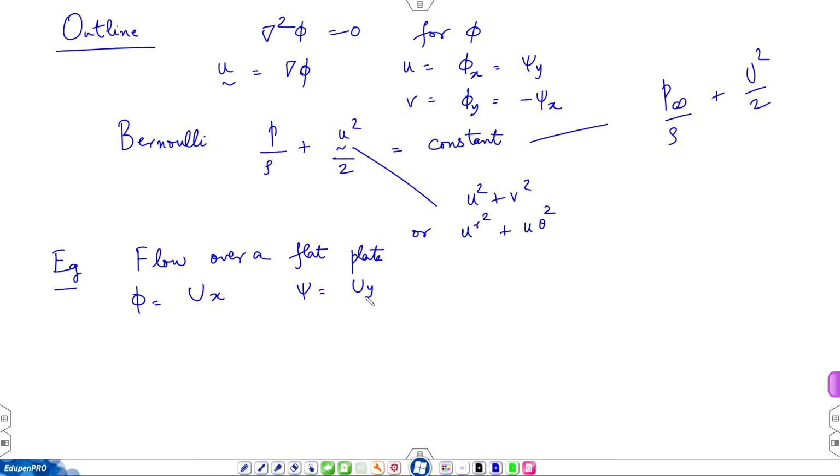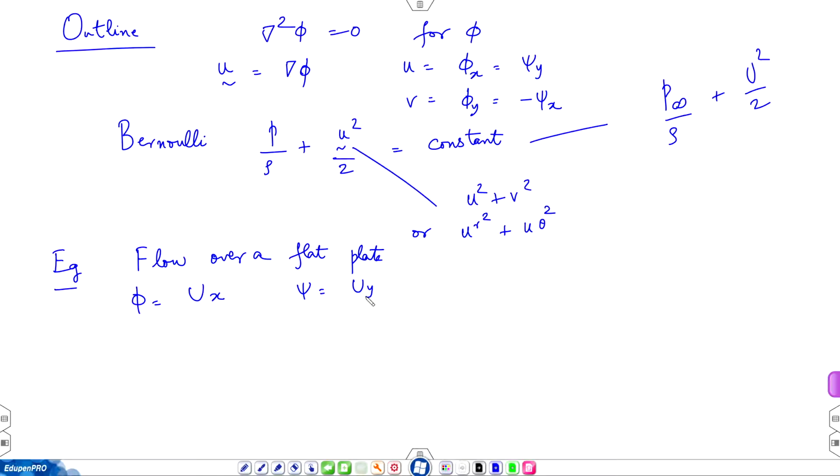So, you can set psi equal to 0 wherever you want as per convenience. We had set psi equal to 0 on y equal to 0, giving the constant to be 0.